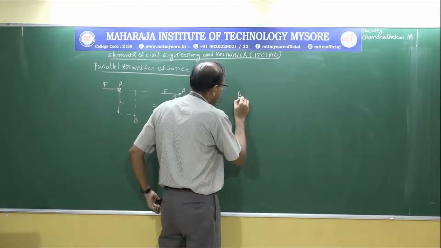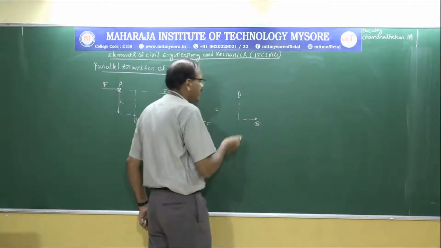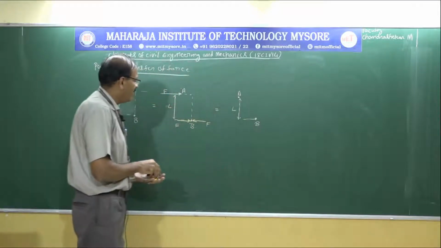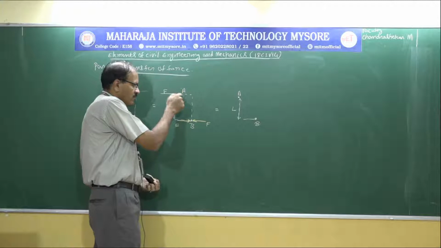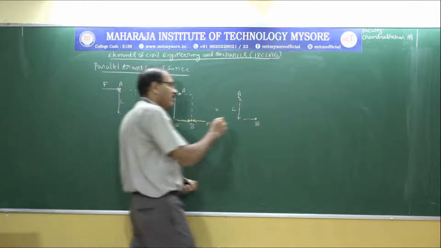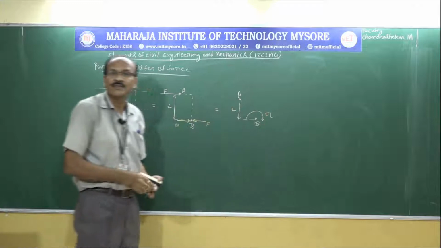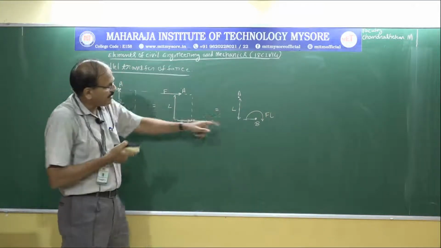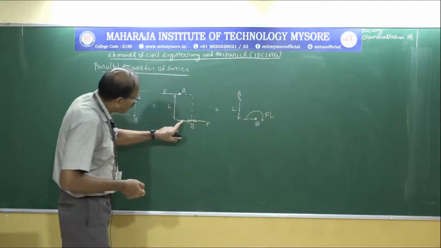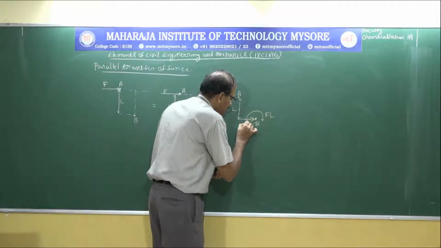This is point A, this is point B, and this is distance L. These two forces and the perpendicular distance give a couple of magnitude FL. This is a clockwise couple, that's why I have written clockwise moment, and the force F remains.